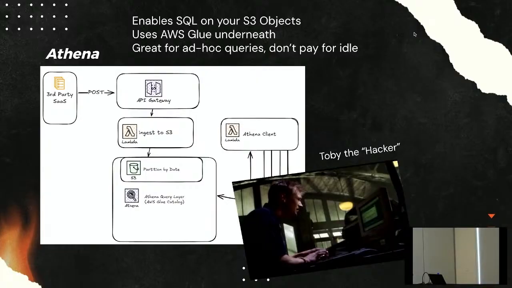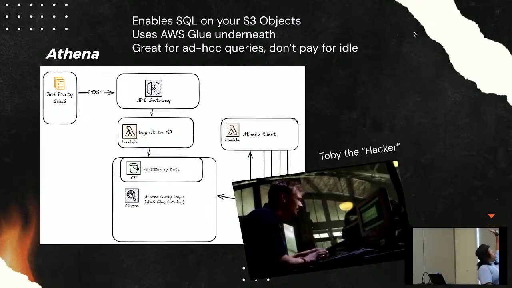In my architecture, I use this service called Athena. Athena is a serverless SQL query layer that you can put on top of any data that's inside of S3. When we ingested the S3 files, those JSON files, we partitioned them by a date, and that date partition represents tables and metadata that Athena and Glue can allow me to query on.